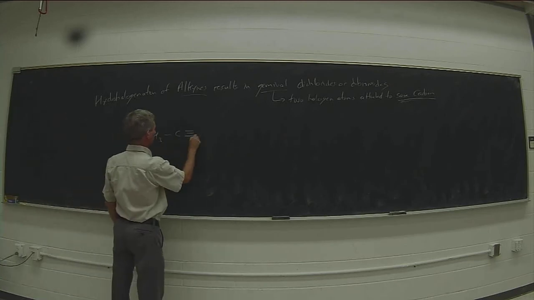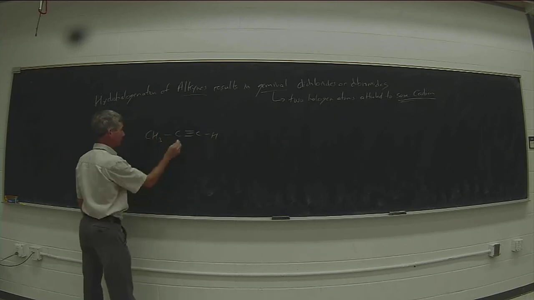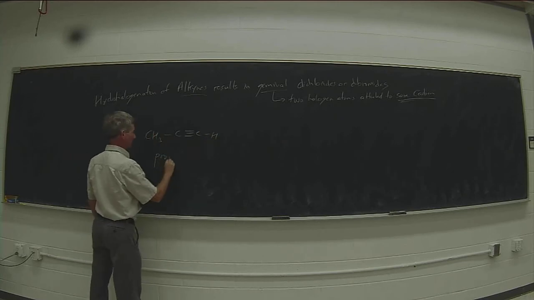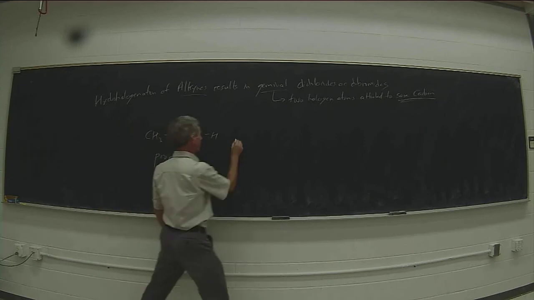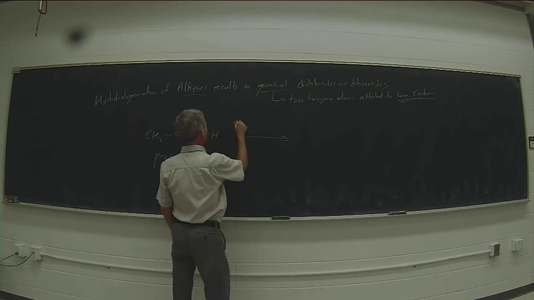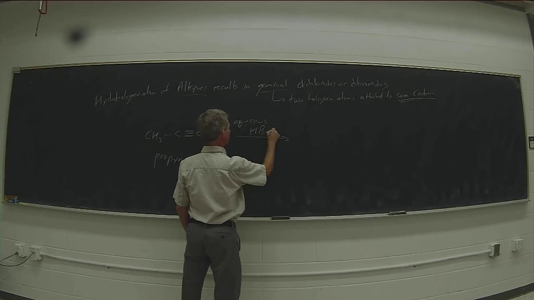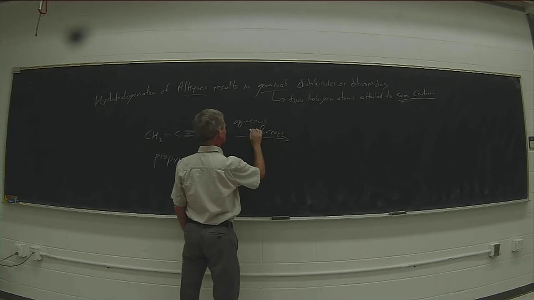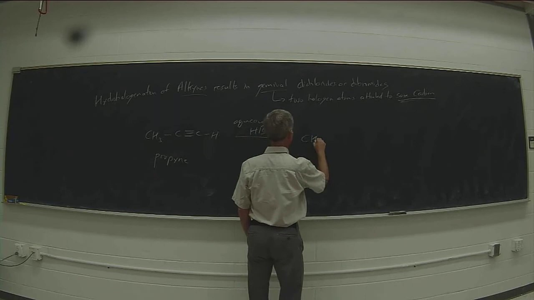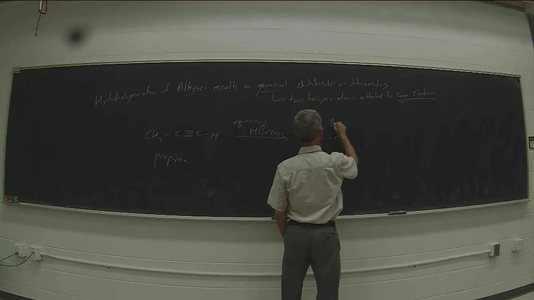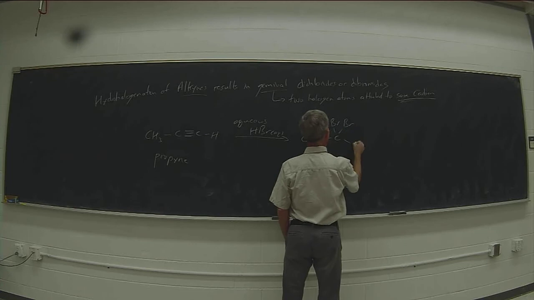And if we start with a terminal alkyne, like propyne, and react this with aqueous HBr, we will generate 2,2-dibromopropane.